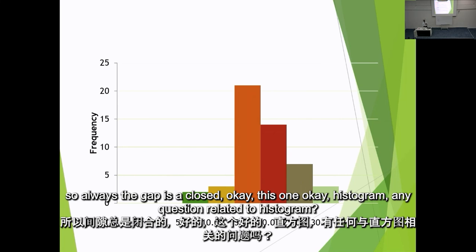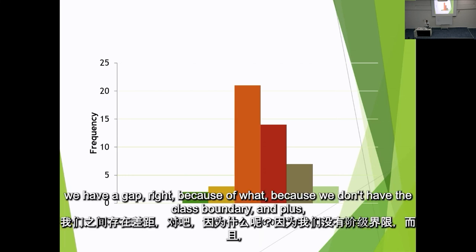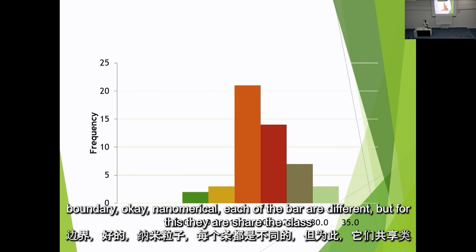Any question related to the histogram? No? Okay. Why in the bar chart do we have a gap between the bars? Because we don't have class boundaries. The bar chart is non-numerical, so each bar is different.